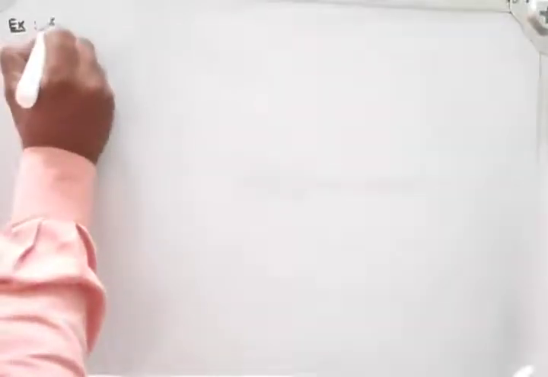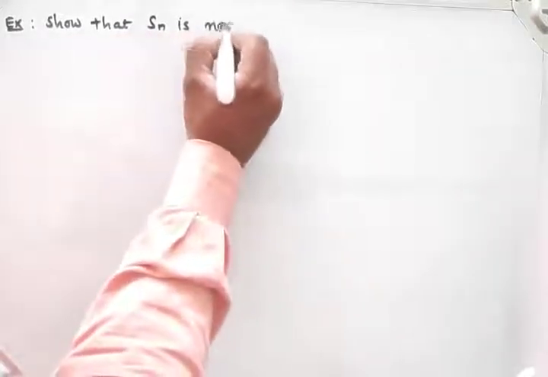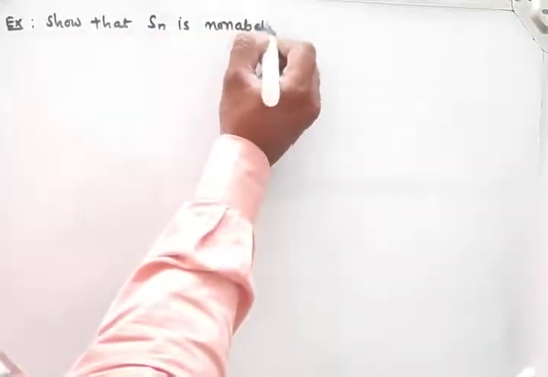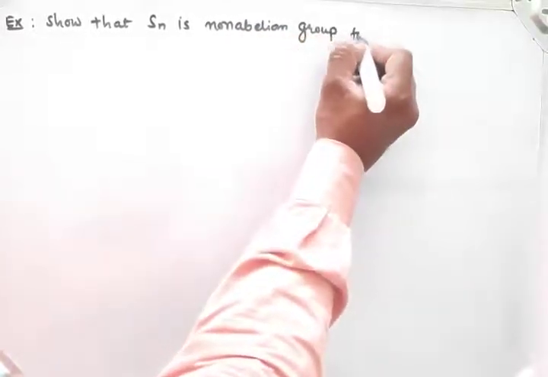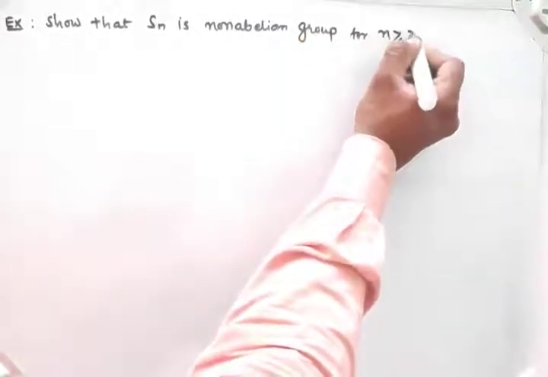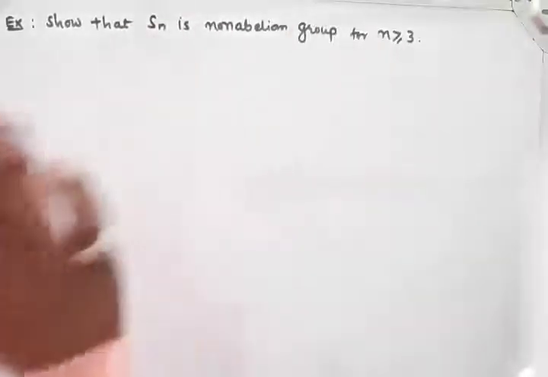Now next example: show that Sn is a non-abelian group for n greater than or equal to 3. Sn for n greater than or equal to 3 is always non-abelian.